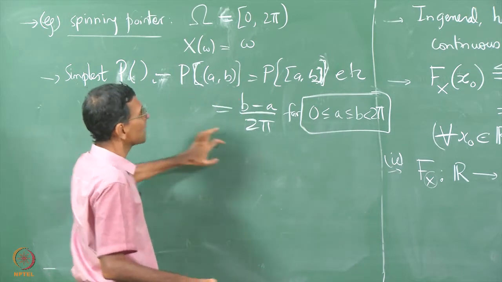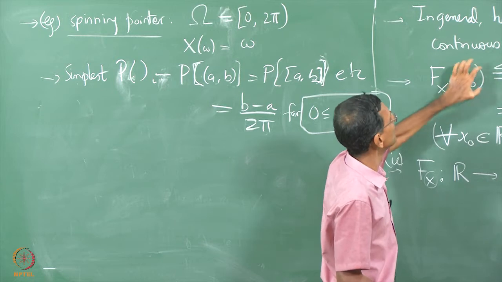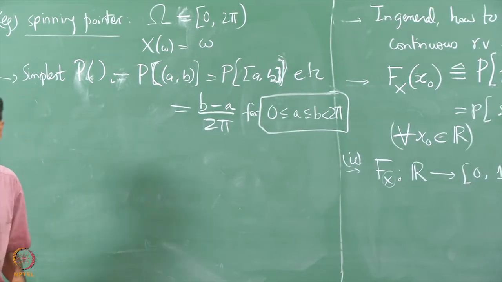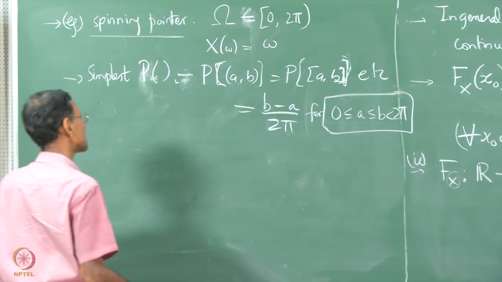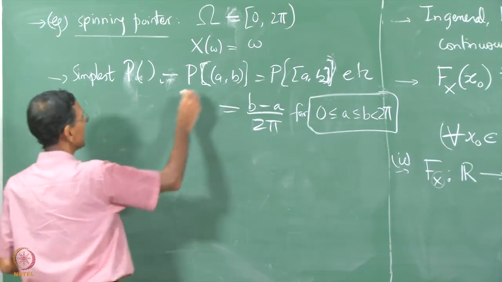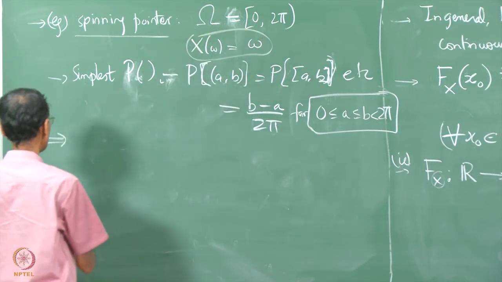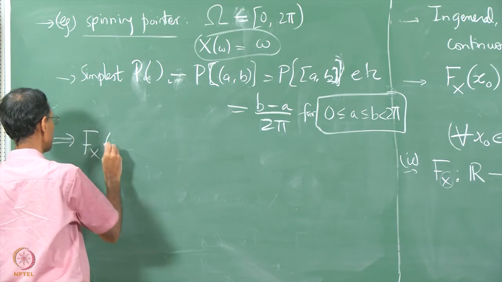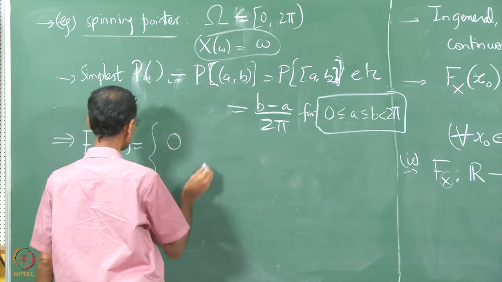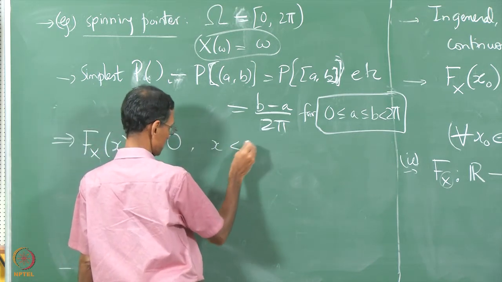But when you talk about the CDF, we have to define the CDF for any real argument. Without getting into too much explanation about this, let me just define the CDF for this particular random variable, the identity random variable. So here it turns out that F X of x can be defined as 0 for x smaller than 0.